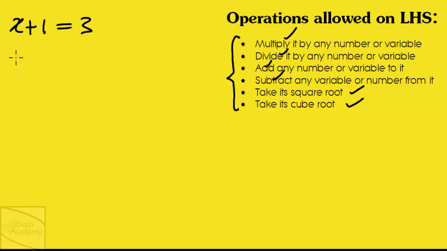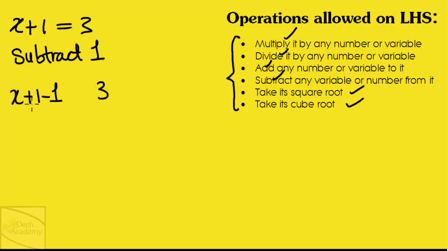Well, let's subtract 1 from the left hand side. So the left hand side, if you subtract 1, we have x plus 1 minus 1. That's the left hand side. So what about the right hand side? The right hand side is 3.